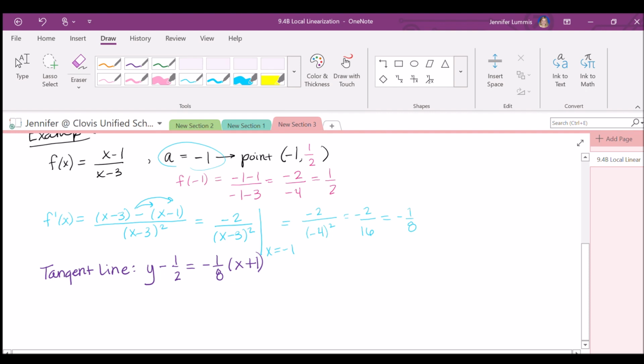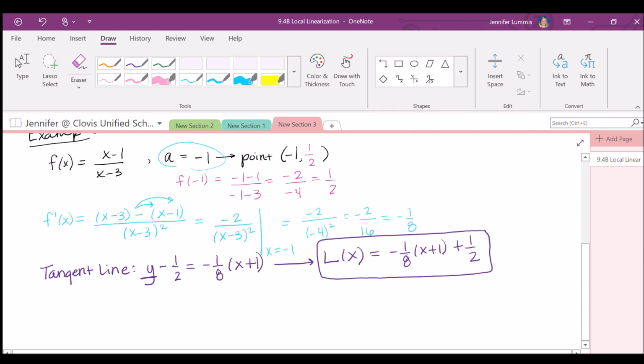Now, to make this the linearization function, L of x is just y. So all we really need to do is take our 1/2 and add it over. So -1/8 of (x plus 1) plus 1/2. So this is our linearization function. It's just our tangent line, and we got y by itself.